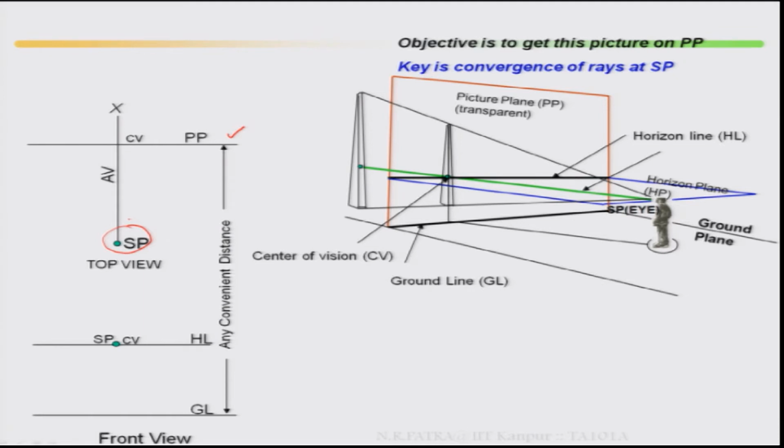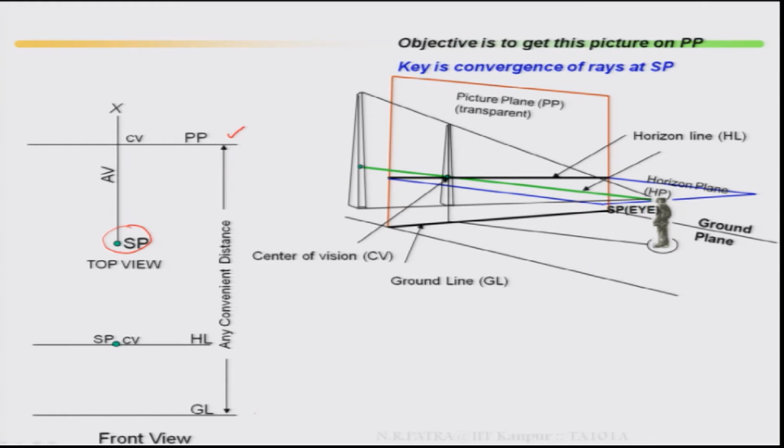Generally we take the top view; we will come back to that in the next part. In the top view, the distance of your station point from the picture plane will be given. Then the center of vision, CV, with respect to the station point along the horizon line, this coordinate will also be given, and the ground line will also be given.